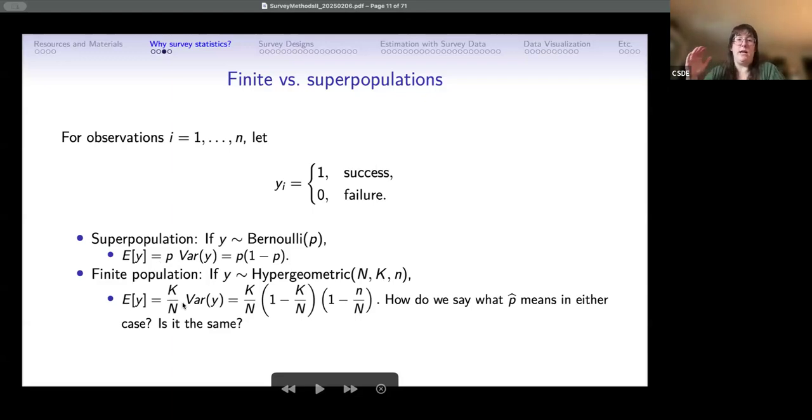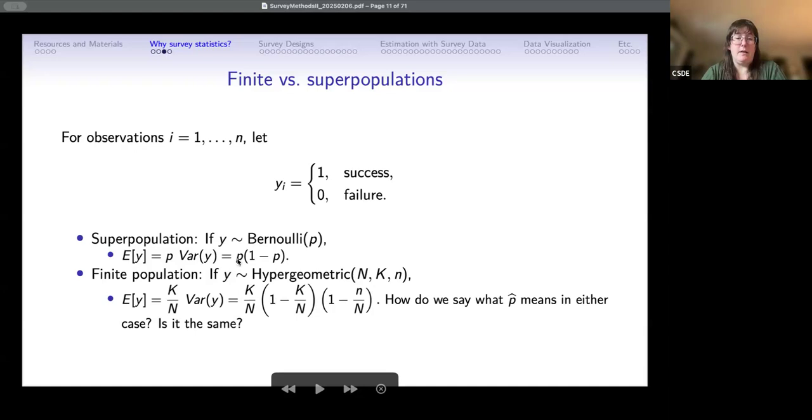The original number in the population of people, the proportion of people in the population that have whatever attribute of interest we're interested in. That is basically P, right? In a superpopulation framework, this is the population, or the probability of getting a heads in one trial. This is the probability of drawing a marble that's red with one draw from the bucket.